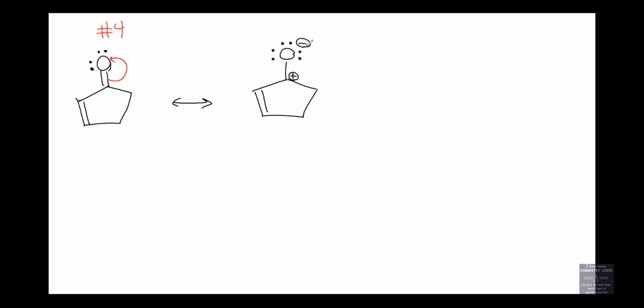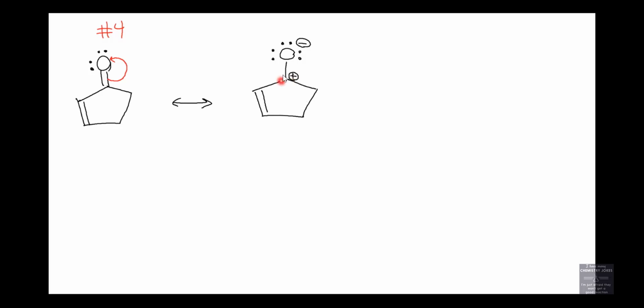Every time you draw a resonance contributor, you must ask yourself, am I finished or can I do more? So from here, if you go back to our "how do I know when to consider resonance" situation number 1, an atom with a positive charge and less than an octet next to a pi bond or an atom with an unshared pair. Yeah, we have that.